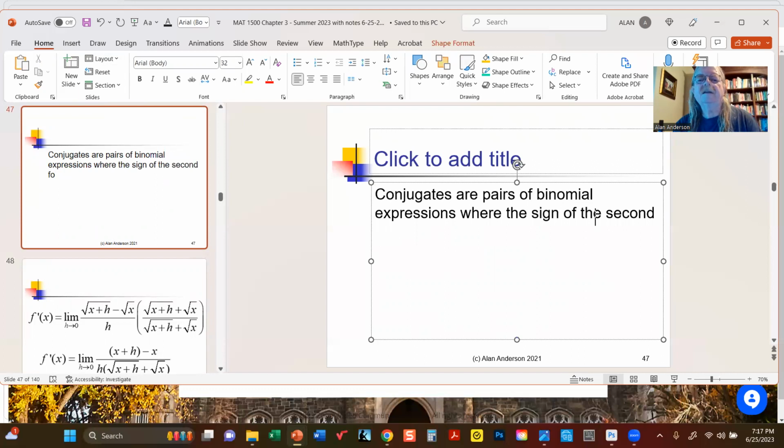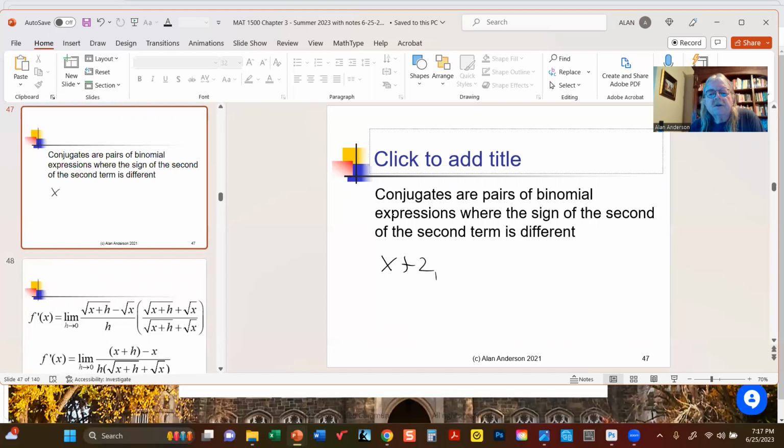Okay, what does that mean? For example, x plus 2 and x minus 2. Radical x plus 5, radical x minus 5, that kind of thing. 3x minus 7, 3x plus 7.